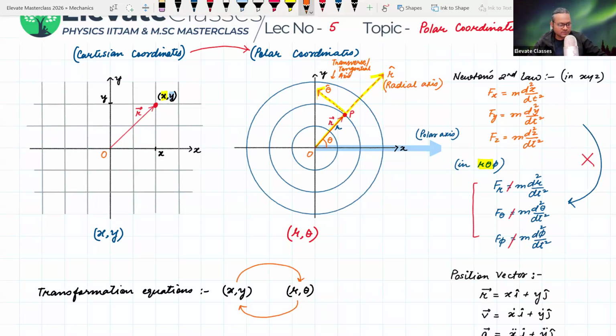Okay, so this is basically r is the radial distance, and theta is the angular displacement. Let me write radial coordinate, it will be better. R is the radial coordinate and theta is the angular coordinate.